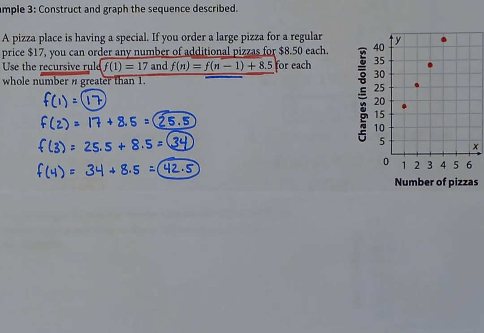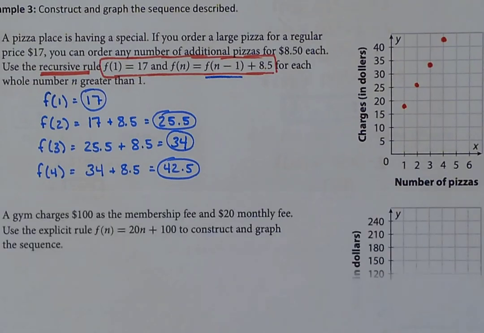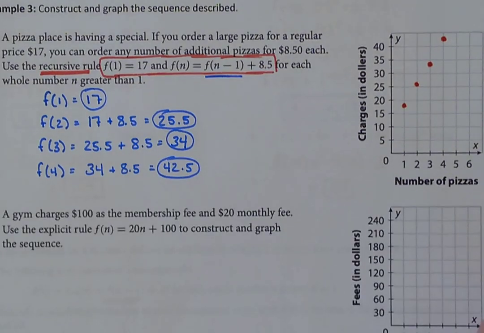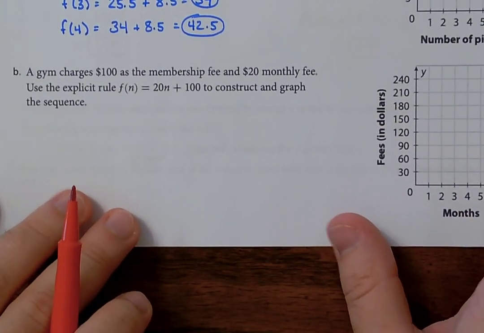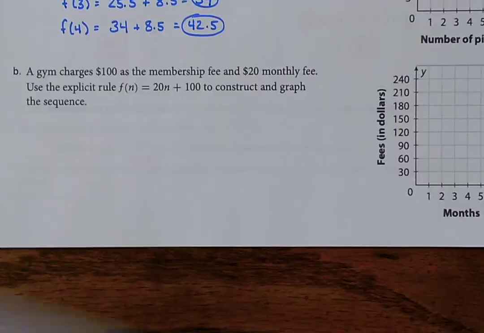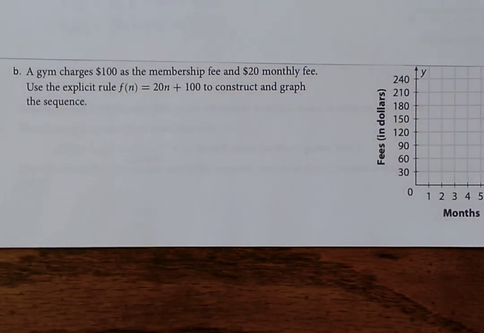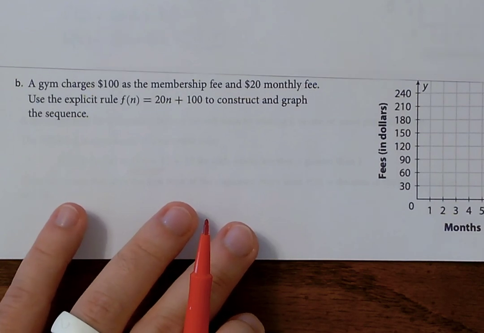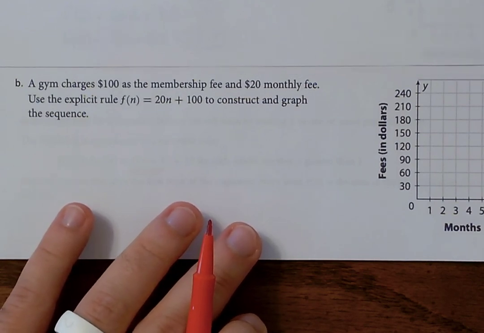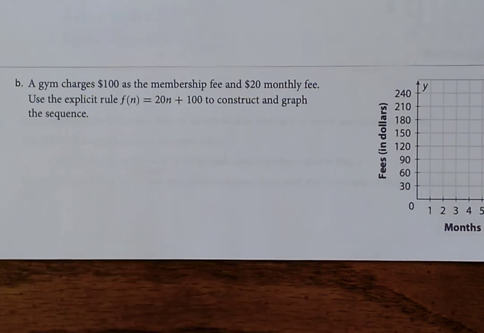I just want to talk about B, just to kind of refresh our memory before we end for today. All right, so for part B, and let me cover this up so we're not distracted by it. For part B, it wants us to construct and graph the sequence that it describes.